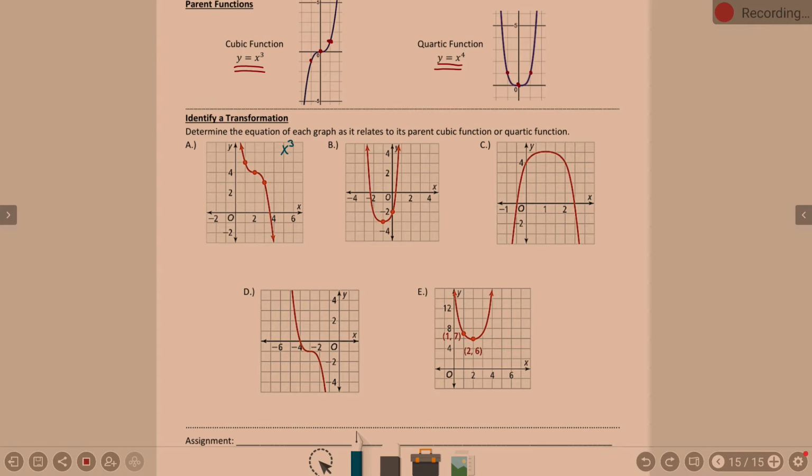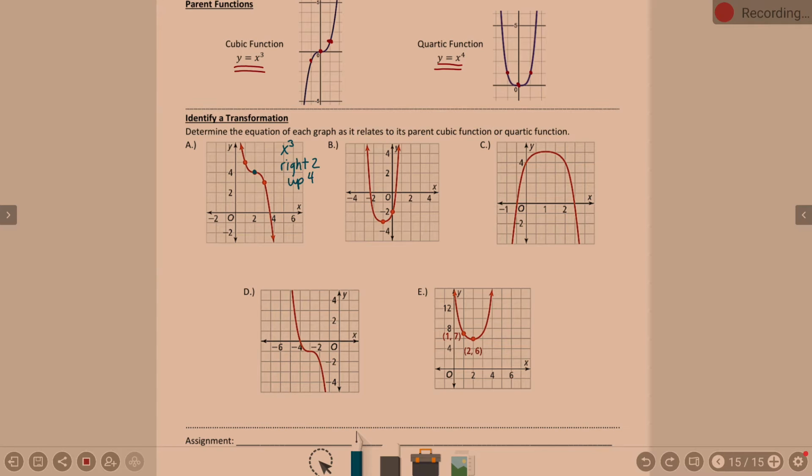It has to be x cubed as the parent function because it's got the same curviness. What else do you see happening? The center is normally at (0, 0), but now it went right 2 and up 4. So I'm going to have to include that information in my equation.